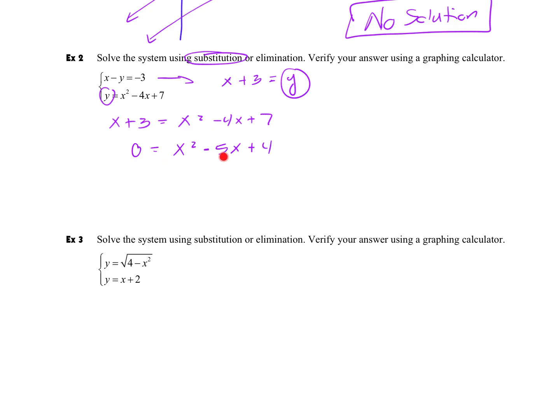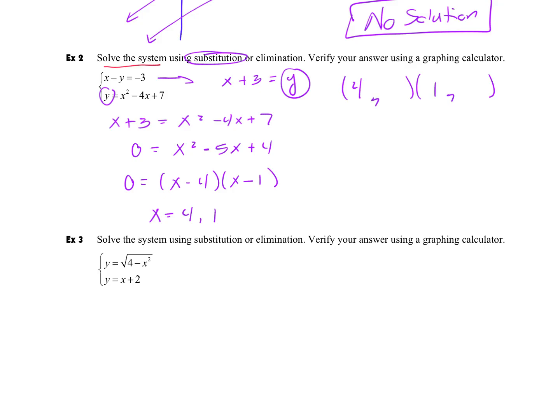We want to get in the habit of factoring. We do not need to use the quadratic formula here. We're thinking multiplying to a positive 4, but adding to a negative 5. So our x values are 4 and 1. Now, the important thing to understand is that we're solving this system, we're looking for points of intersection. So these values for x are only the x coordinates of the points of intersection.